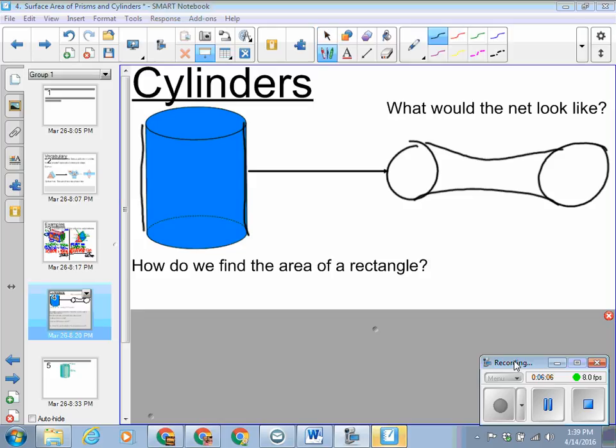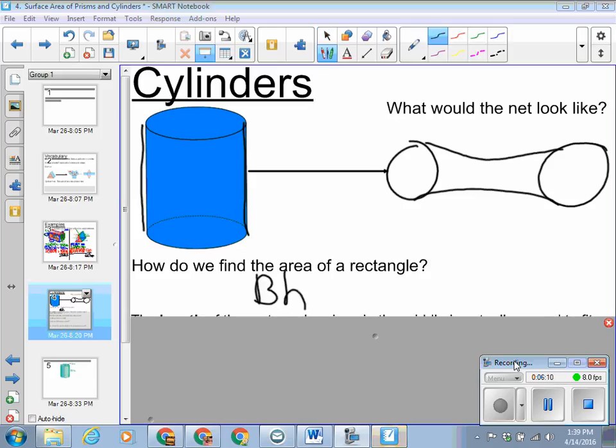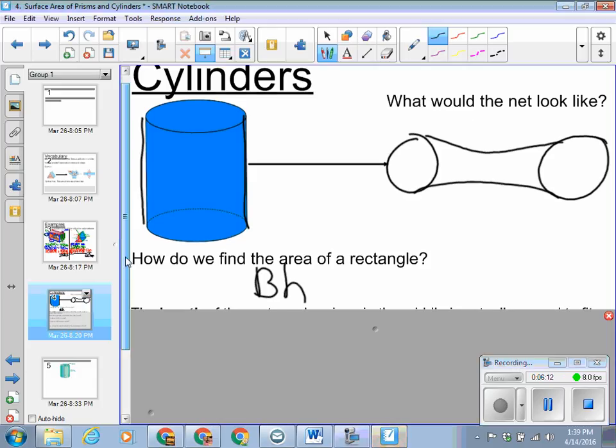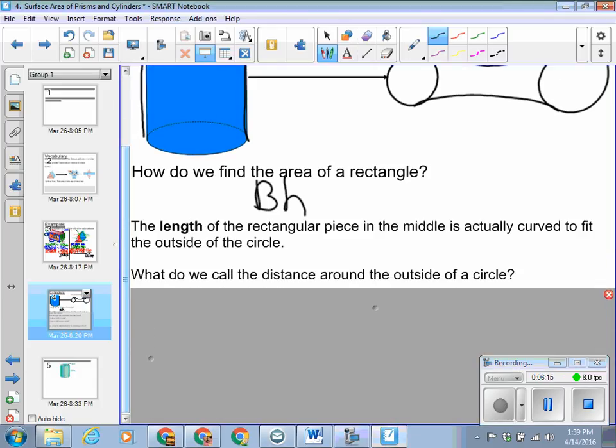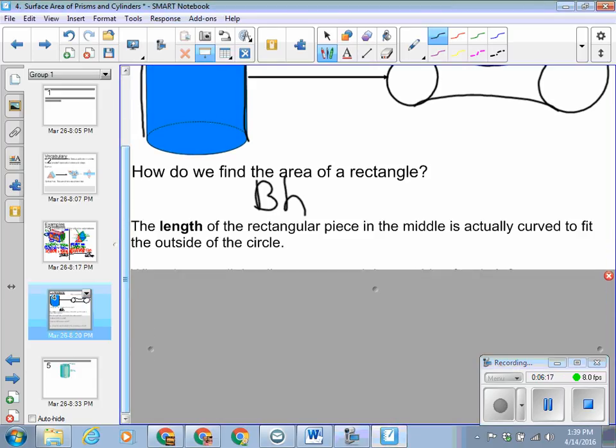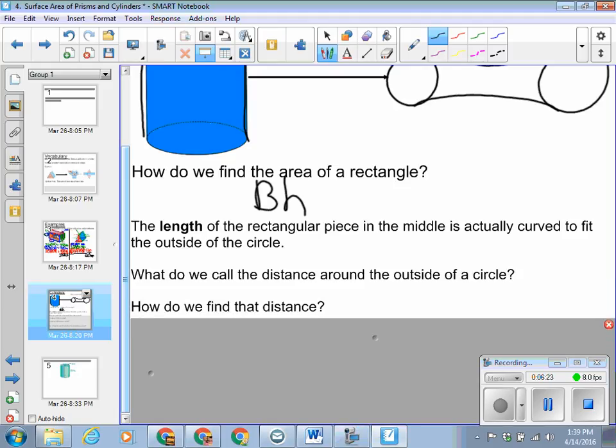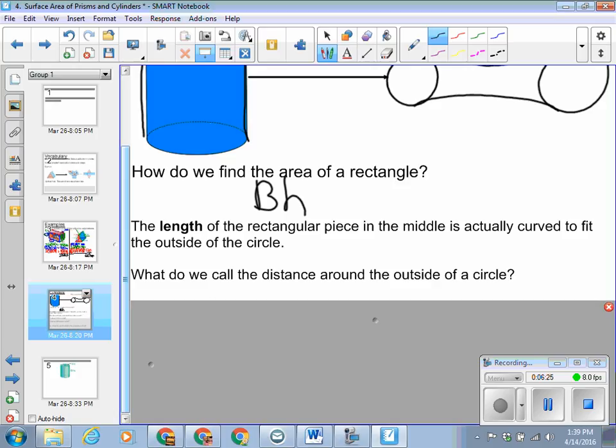So, area of a rectangle is just our base times our height, length times width, however you want to say it. Now, the length of the rectangle in the middle is actually curved to fit the outside of the circle. So the distance around the outside of the circle, we know that is called circumference.